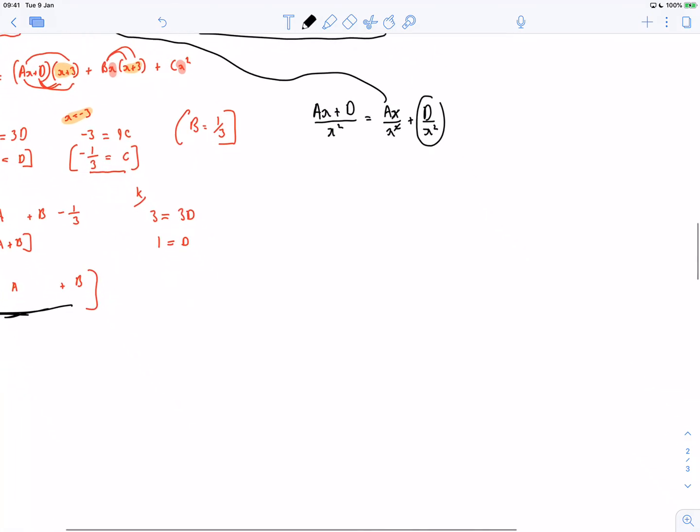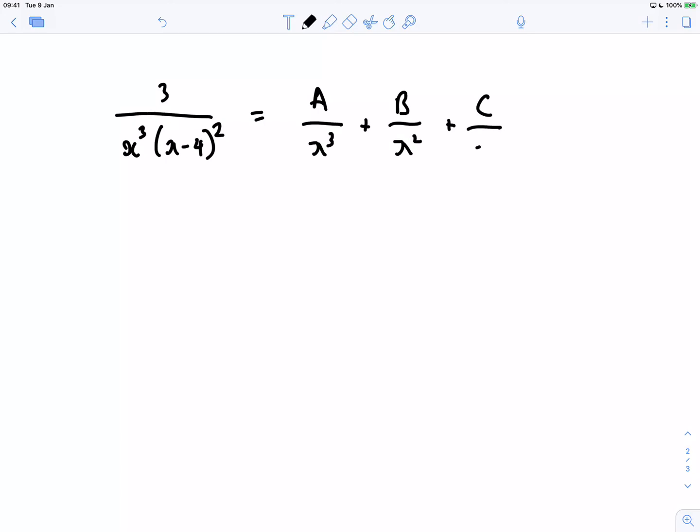In general, what happens if you had something like 3 over x cubed and then x minus 4 squared? Then you would need a constant over x cubed plus a different constant over x squared plus a different constant over x plus a different constant over x minus 4 squared plus a different constant over x minus 4.